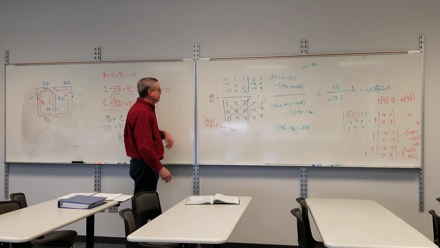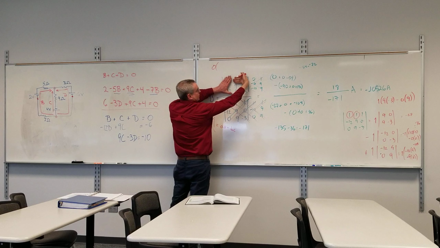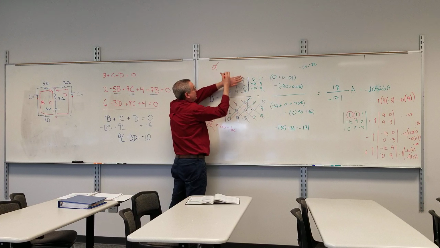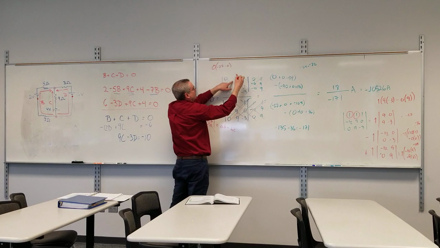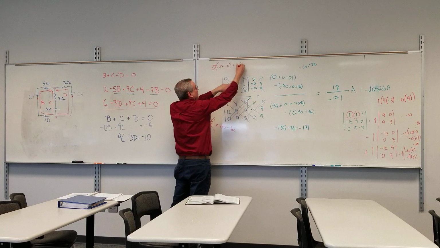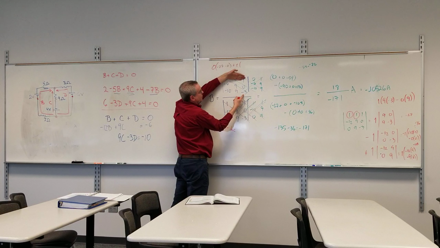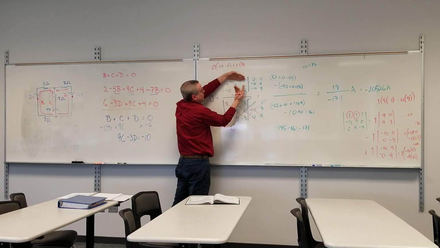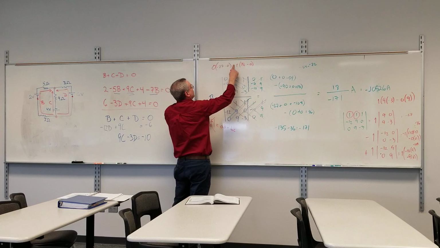So this one right here would be 0 times, I'm left with those 2 when I cross out that row and column, and that would give me negative 27 minus 0. Plus 1. Cross out that row and column. I have negative 6 times negative 3, which is 18. Minus 0. It should be minus 1.